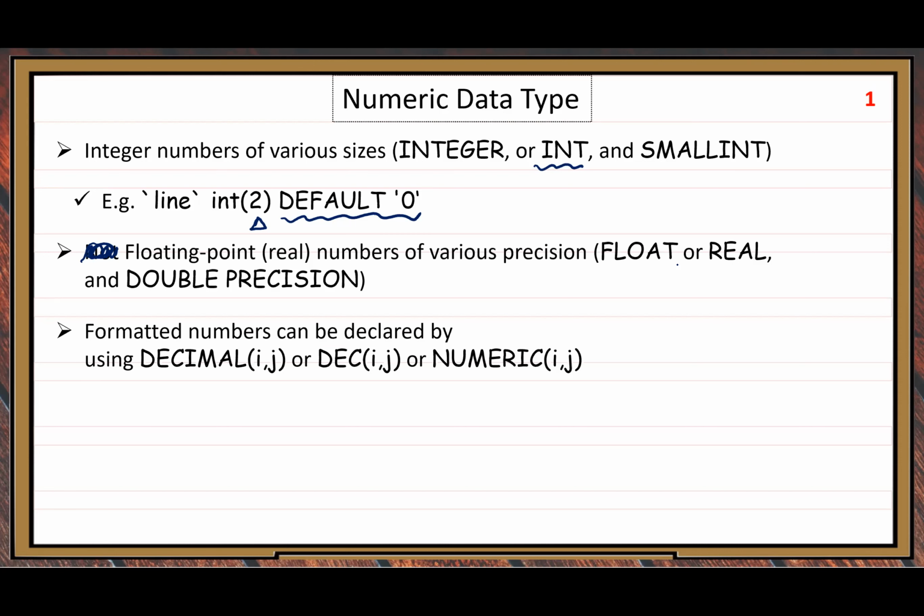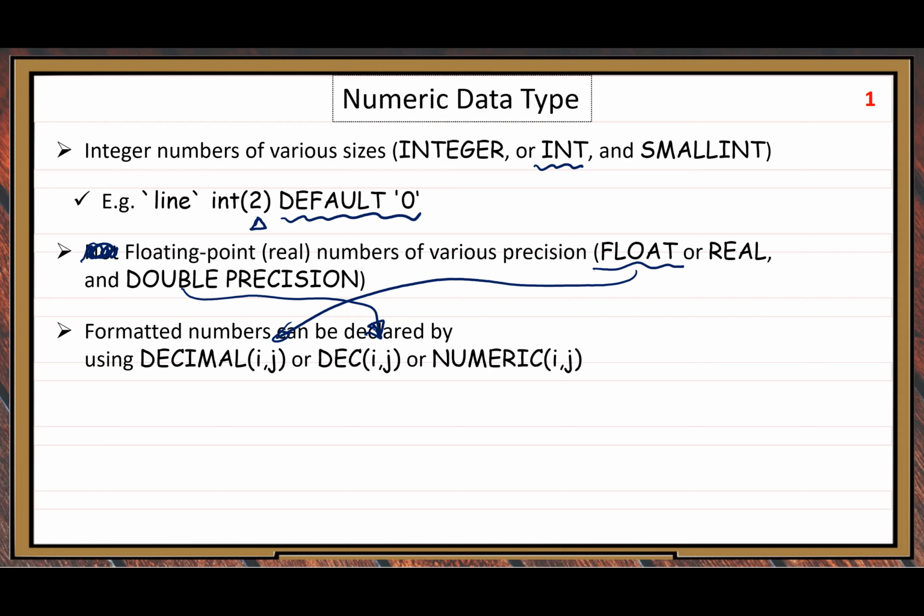And formatted numbers can be declared by using decimal with parentheses and two parameters, I and J. For float and double, you also use the same way. Two parameters you can use to control the precision.